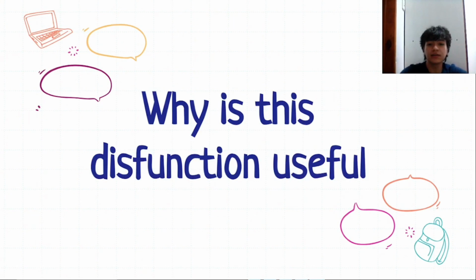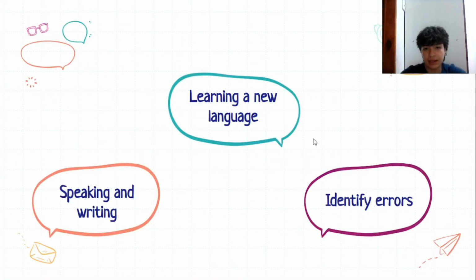Why is the distinction useful? We could use the distinction to understand a lot of different uses. For example, it improves your speaking and writing. It helps you when learning a new language, and it allows you to identify and correct errors more accurately.